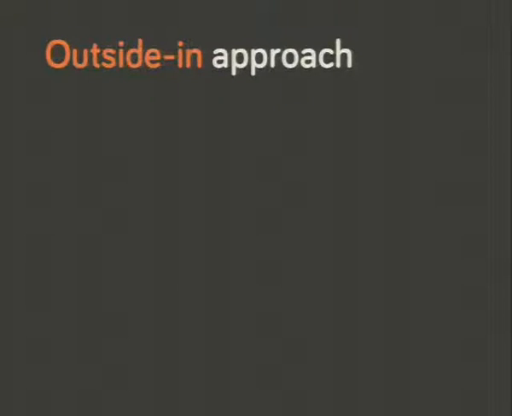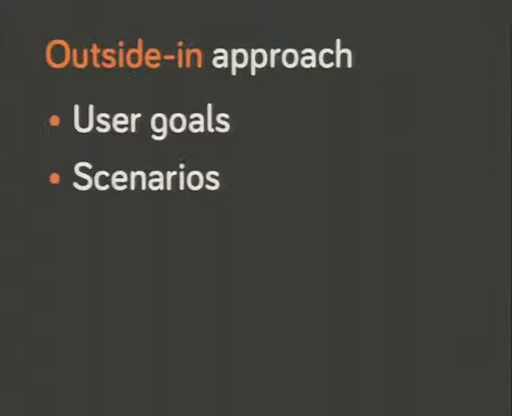So this allows us to go about a project in an outside-in manner as developers. Starting from the motivations of our users and our stakeholders, we can describe those in a fairly high-level way. And then we can go a little bit more detailed and describe individual scenarios of interaction with the system that will actually result in those user goals being satisfied.